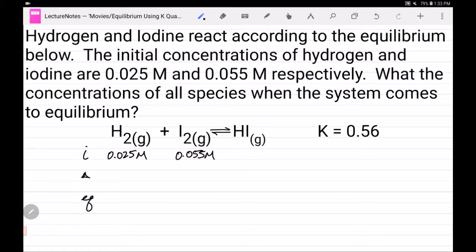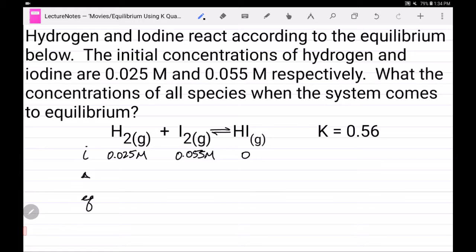Now again, ice charts need to be in molarity or atmospheres. And hydrogen iodide has an initial concentration of 0 if they don't tell us that it does have an initial concentration. Then K is 0.56. We're going to still continue to use this particular equation because I like it.